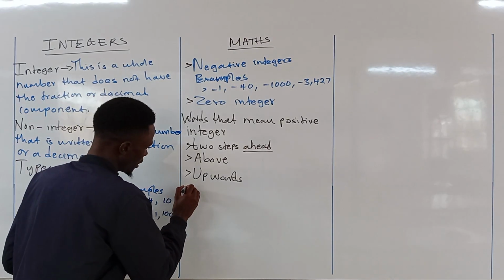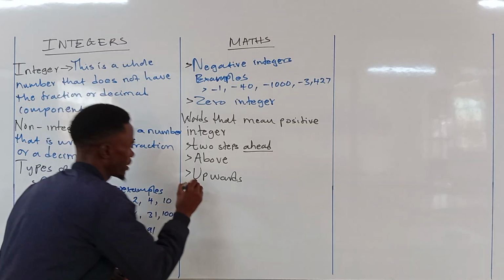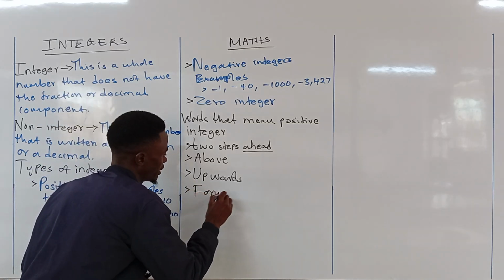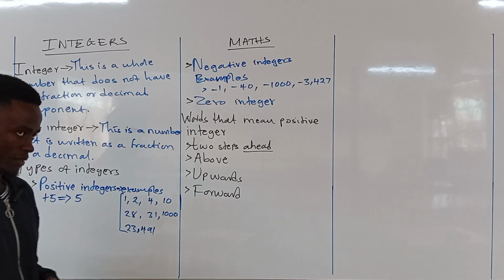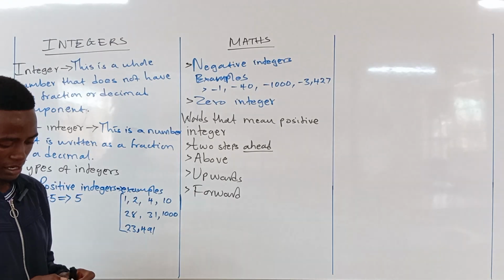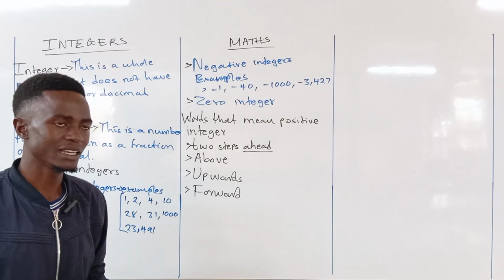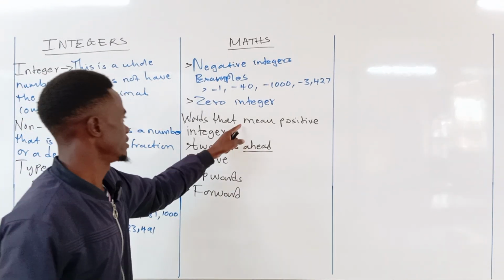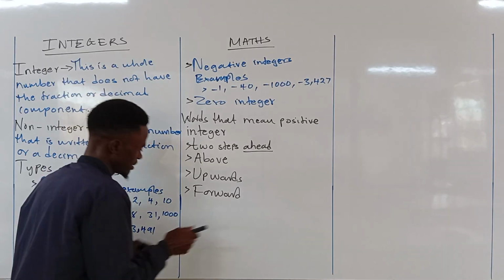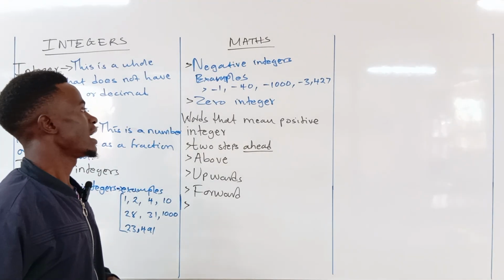Then we have another word, which is forward. Forward means it is positive. For example, a learner is making 10 steps forward. So our integer, 10 steps forward, is going to be ahead.